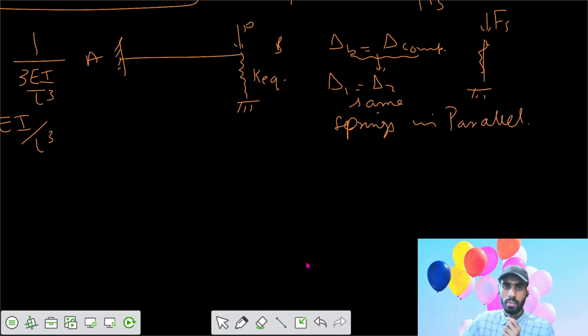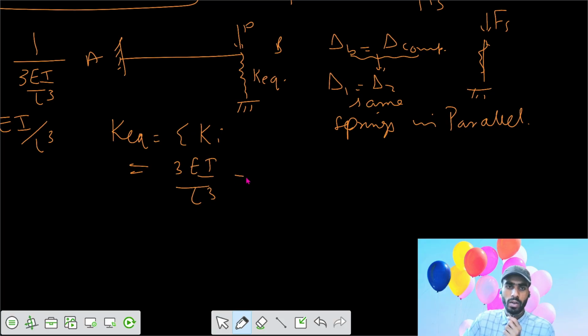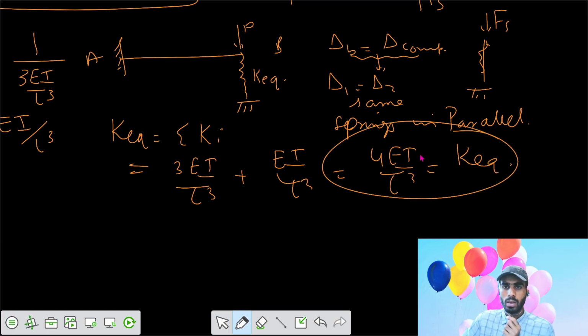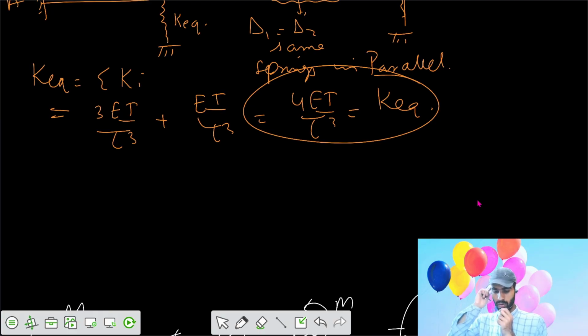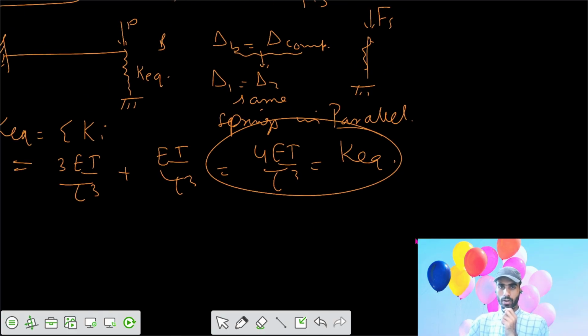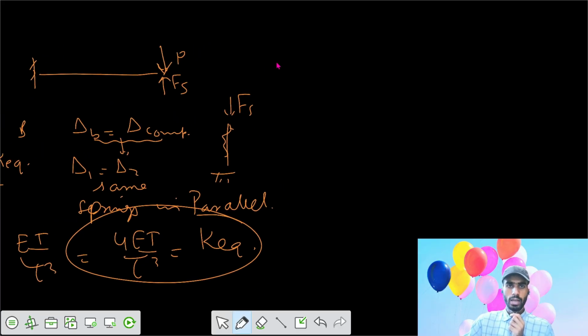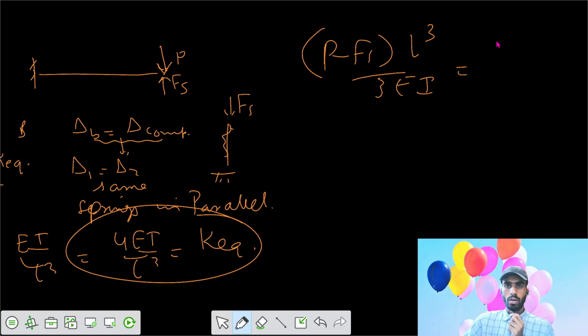If springs are in parallel, we have K equivalent equals the summation of Ki, that means K1 plus K2. So your first one is 3EI upon L cube plus your K equivalent, which was EI upon L cube. Our final value is 4EI upon L cube. And for that, delta is the same, so we can write (Fp minus Fs) L cube by 3EI equals the delta in the spring, whose stiffness is K equivalent.